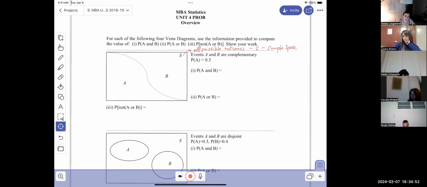So complementary, what does complementary mean? Looking at the image, how would you describe complementary? And then give me an example.